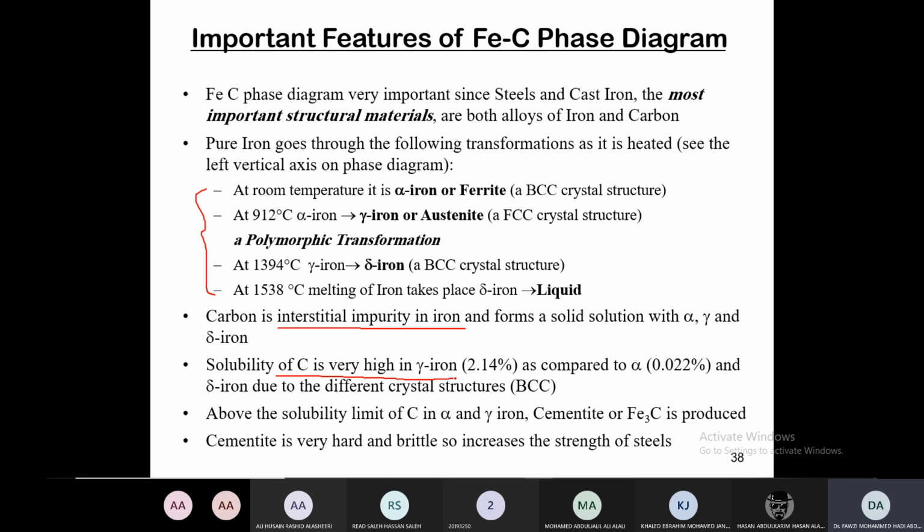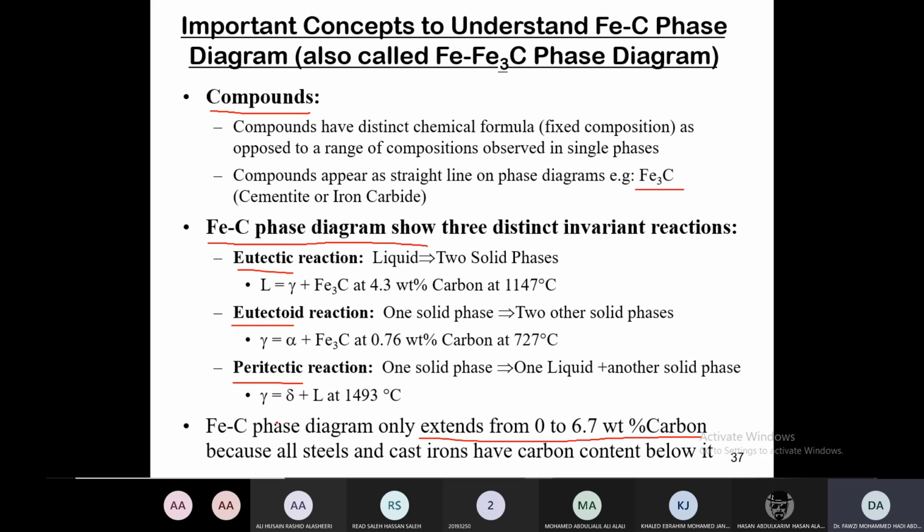And we also explained why the solubility of the carbon in the gamma phase is much higher, 2.14, compared to the ferrite phase, due to the different crystal structure. In the alpha phase, it's BCC, and in the gamma phase, it is FCC. So this is why the solubility is high.